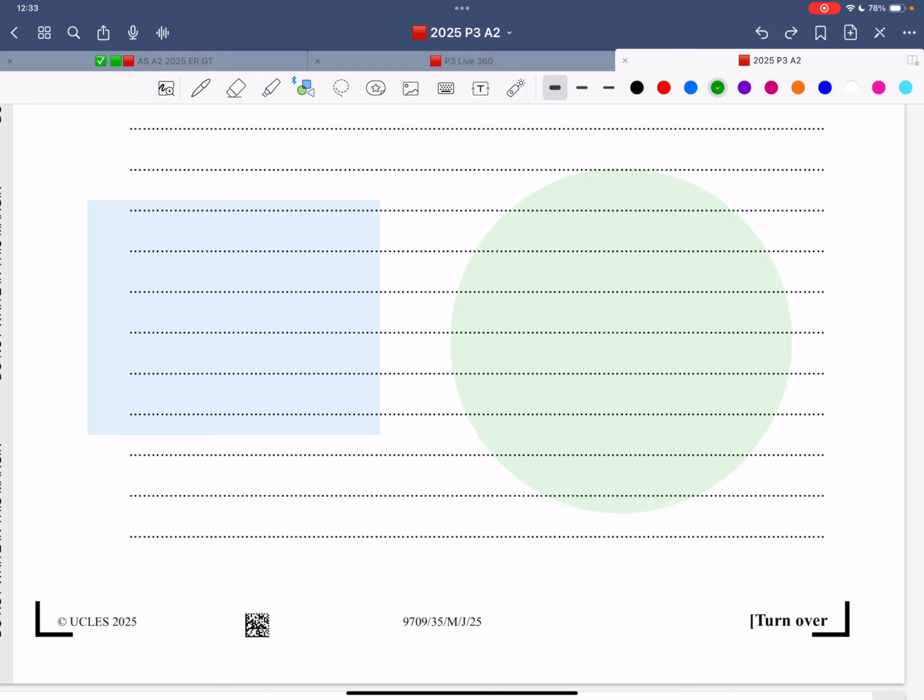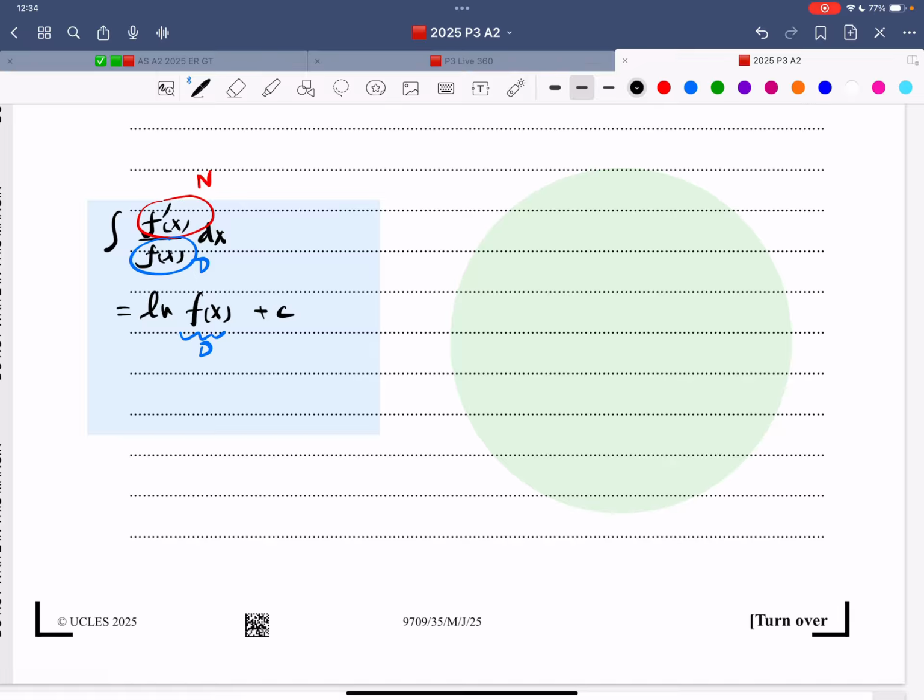Okay. So now the first thing that we need is this: the integral of f prime x over f x dx is ln of f x plus c. If the numerator is the derivative of the denominator, then the integral is ln of the denominator.